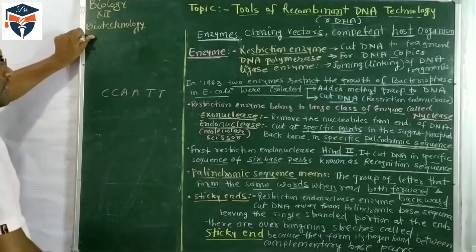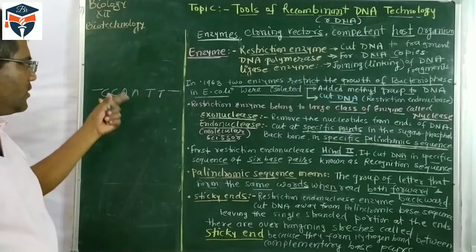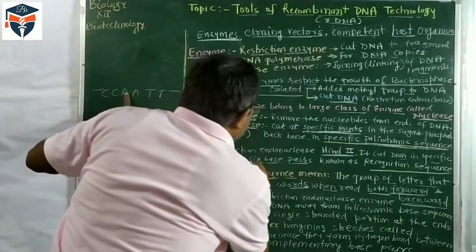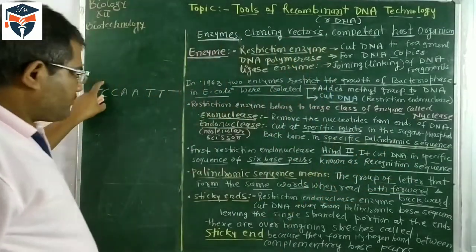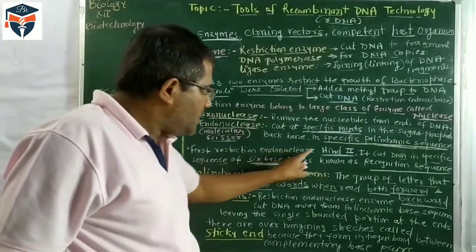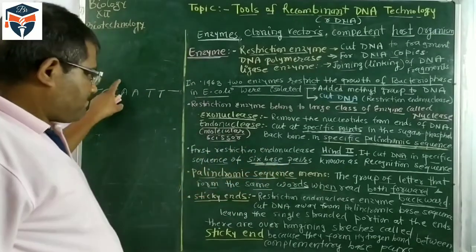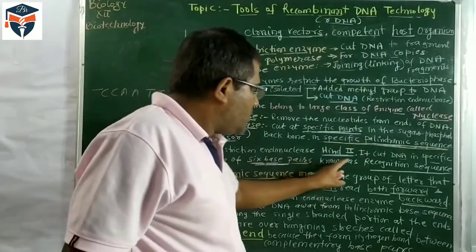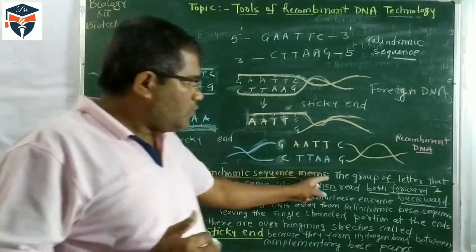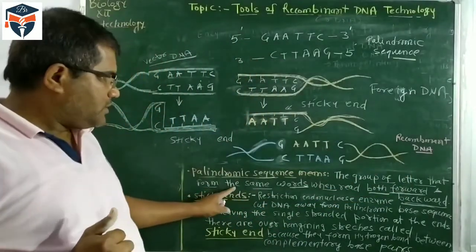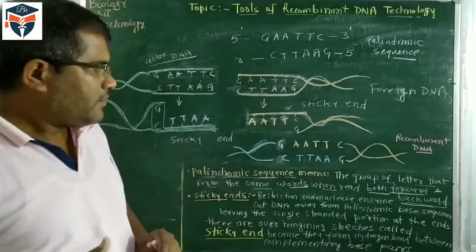If I write CCAATT, this is a DNA sequence. If the DNA is cut at a specific sequence having 6 base pairs, this is known as the recognition sequence. Thus, students, the palindromic sequence is a group of letters that form the same word when read both forward and backward.